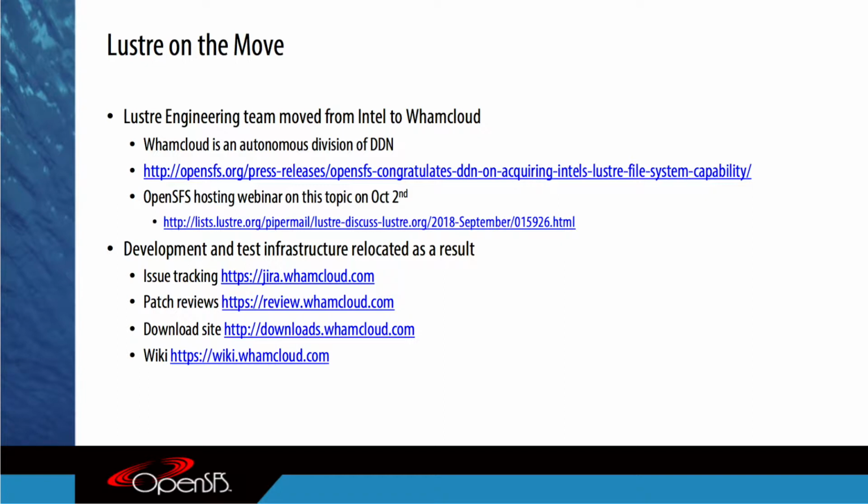OpenSFS did host a webinar recently to give people a chance to ask questions and understand what has changed. But in terms of the actual practical changes, this is the biggest change: these URLs are now slightly different.